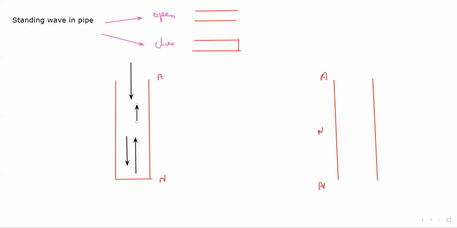So when we draw the pattern for this standing wave, always at the open end it is an antinode and at the closed end it is a node.